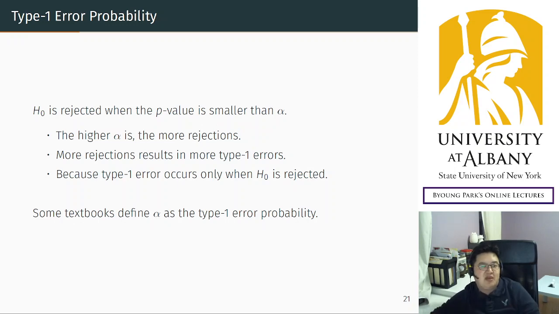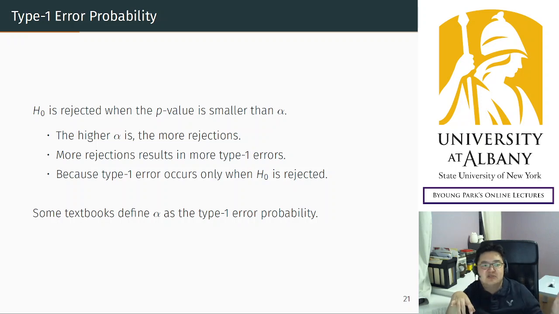Then they will increase the number of type 1 errors. So higher alpha increases the type 1 error probability. And in the end, they are actually the same thing. Significance level equals the probability of type 1 error.